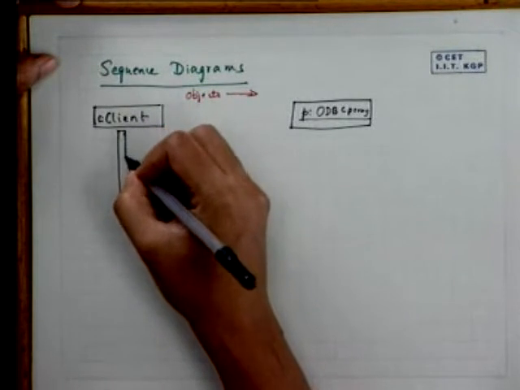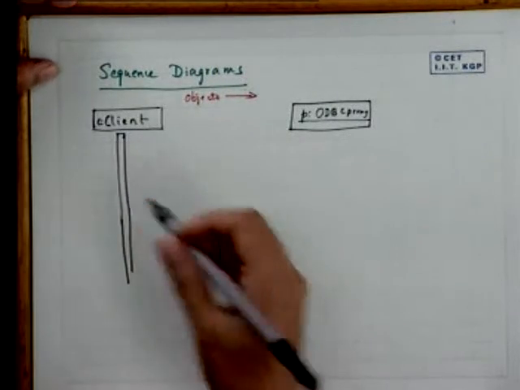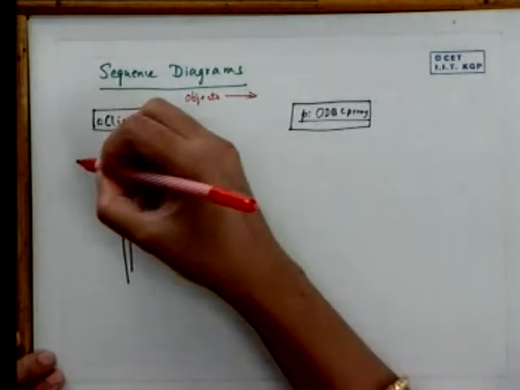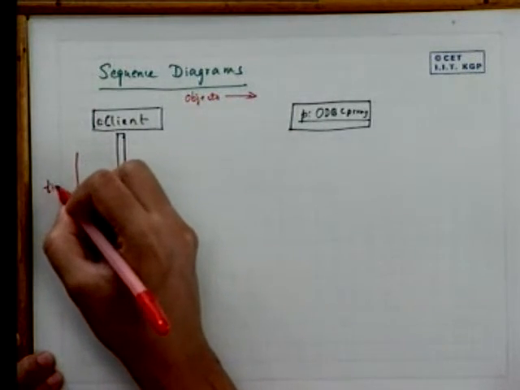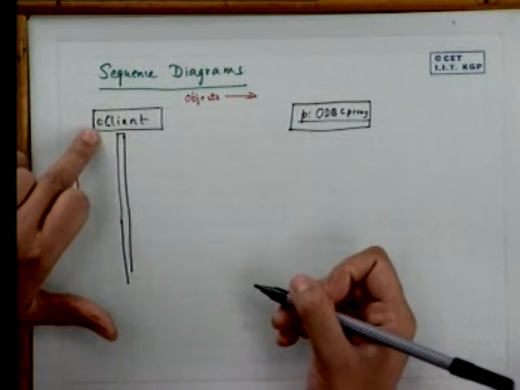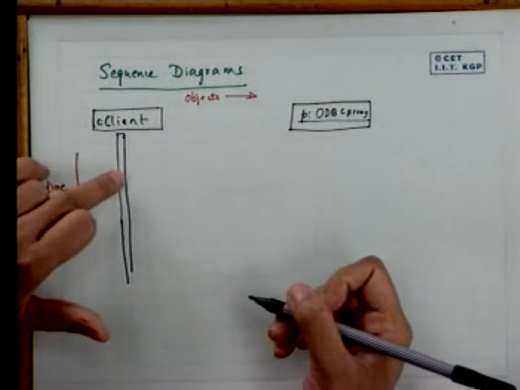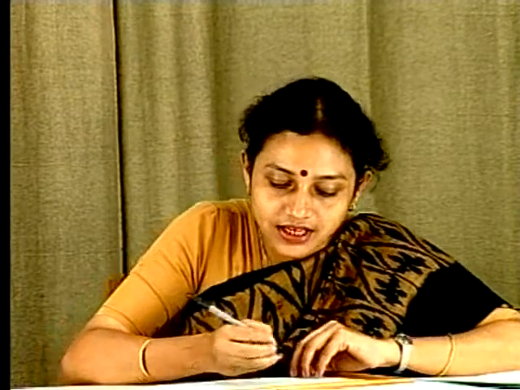The client object starts from this time. So along this axis, we are plotting the time. And after the client object, when this object C comes into being, sometime after that, it creates a transaction object.